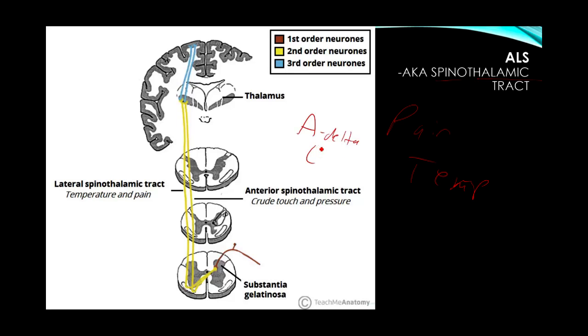And these, especially C fibers, are kind of high yield because they are unmyelinated, right? And when something's unmyelinated, it travels slower.